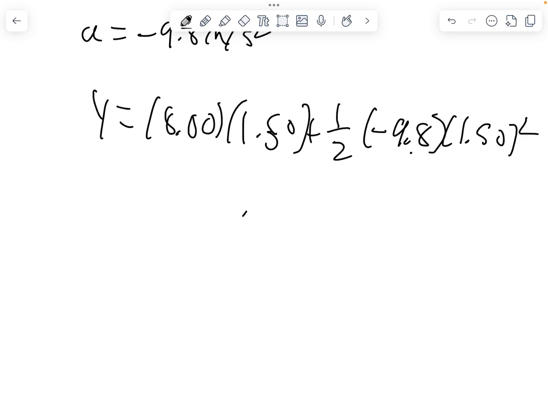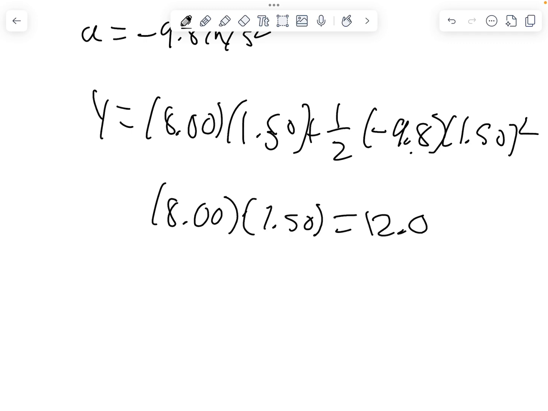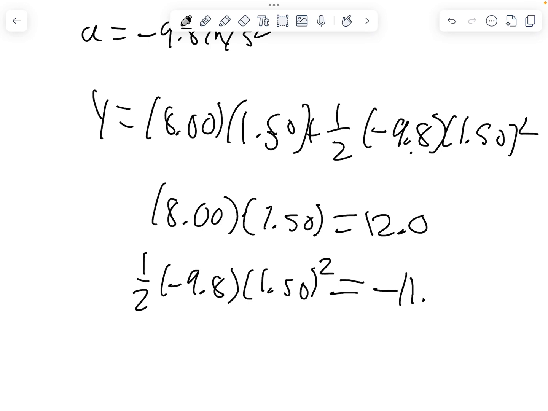We're just going to do the first half, which would be 8.00 times 1.50, which would equal 12.0. And the other half would equal negative 11.025.